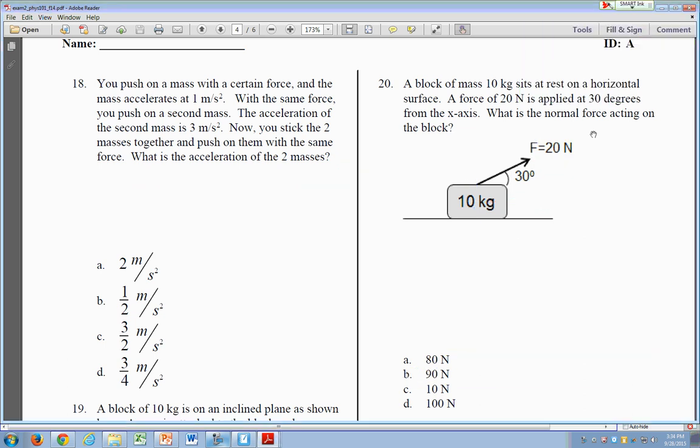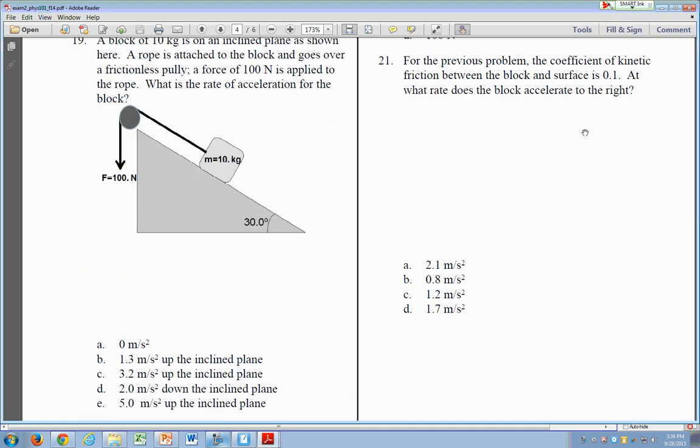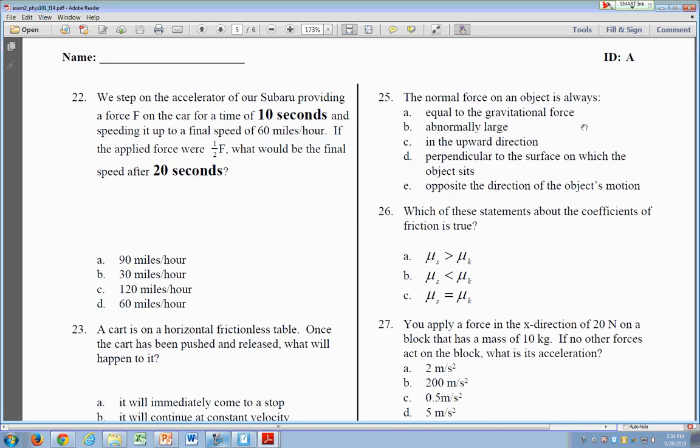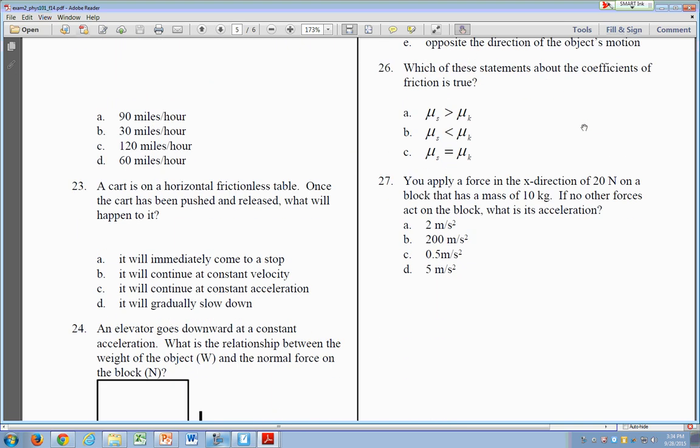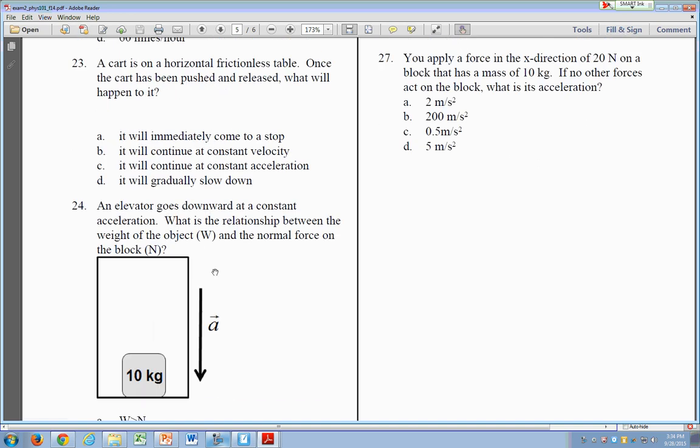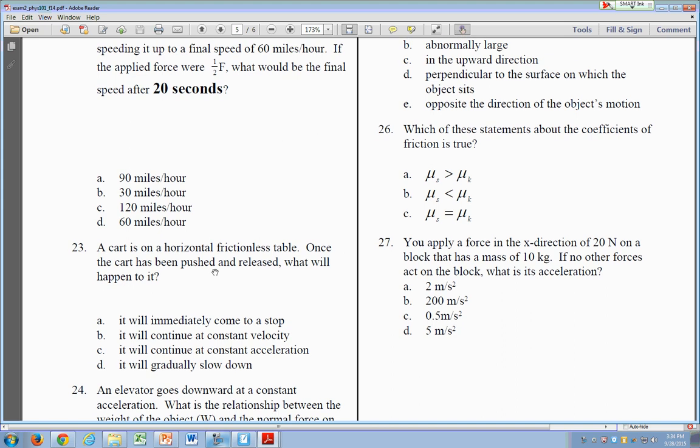Okay. Let's see. Now we're okay on stuff like this. Did you do 26? Yeah, so which of these statements about coefficients of friction is true? Which is bigger, static friction or kinetic friction?